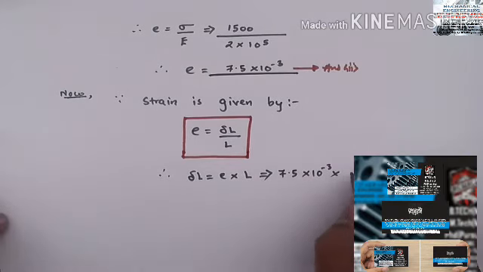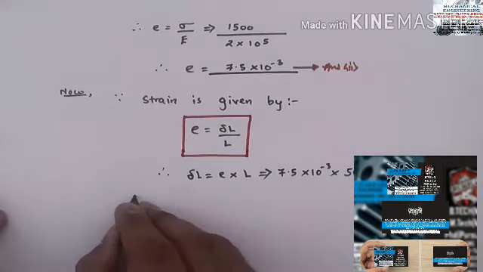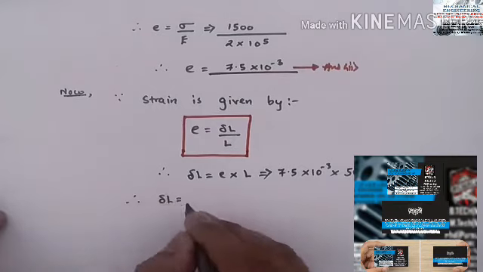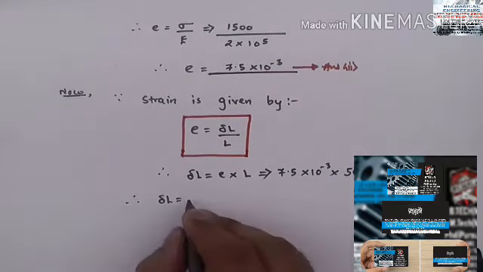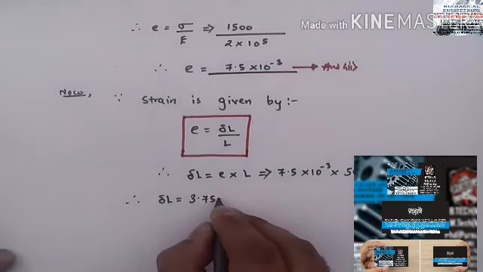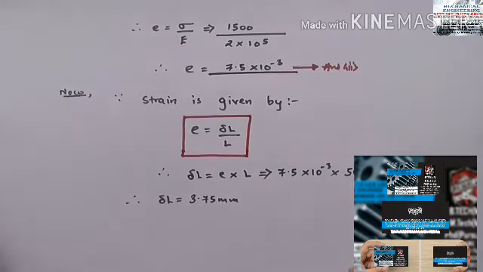Length of the rod is 500 mm. So from this I'll get the answer of deflection, and that comes out to be 3.75 mm. The answer which I am getting here.